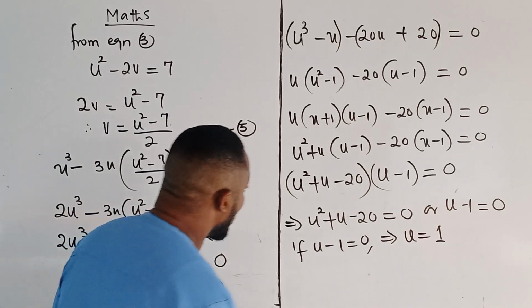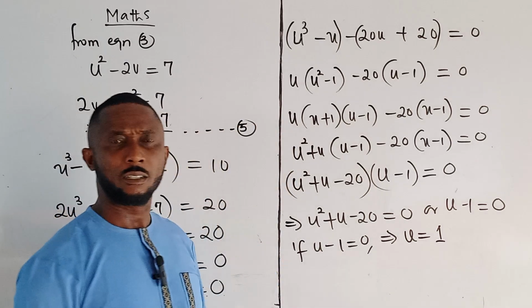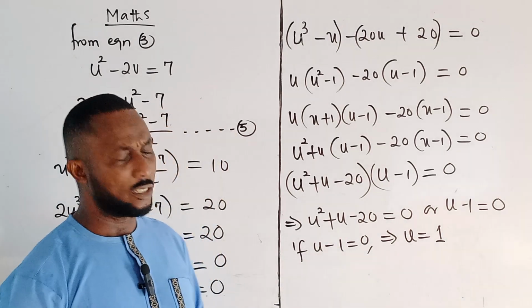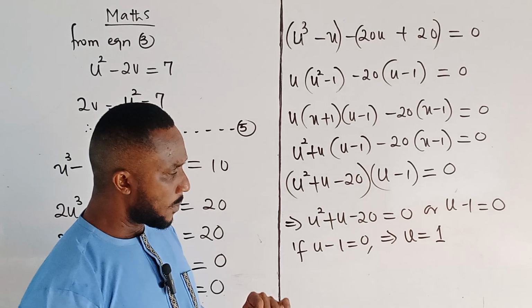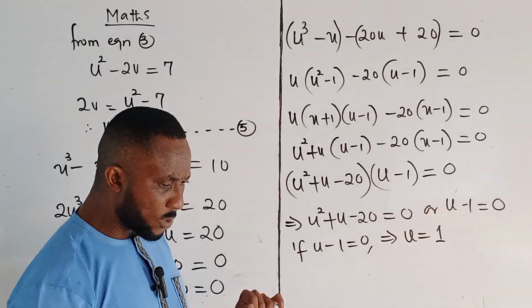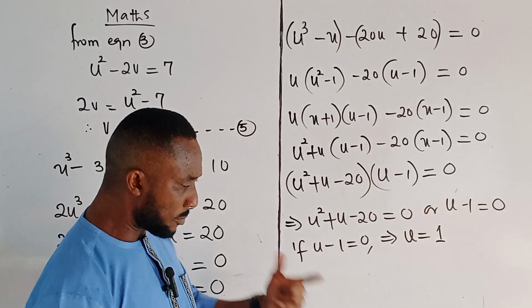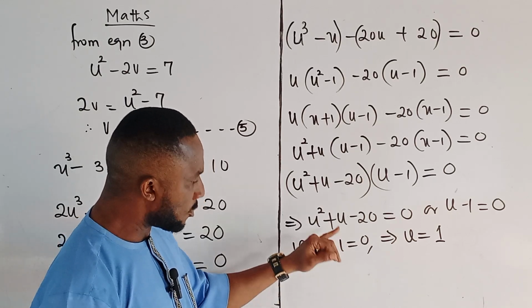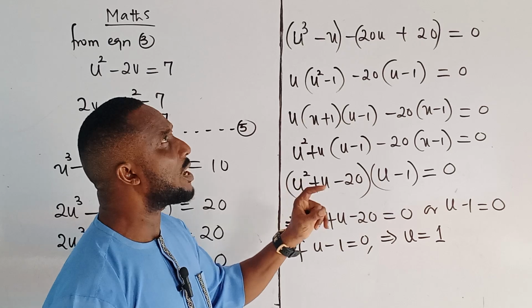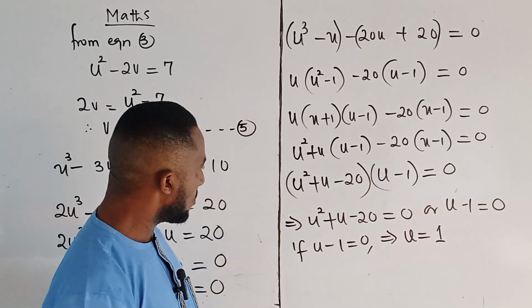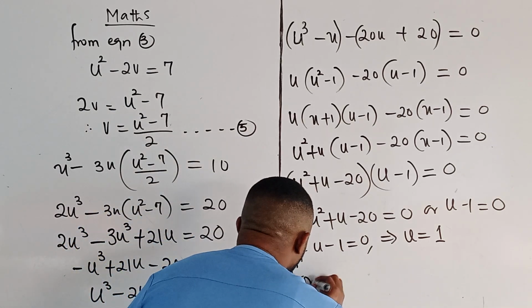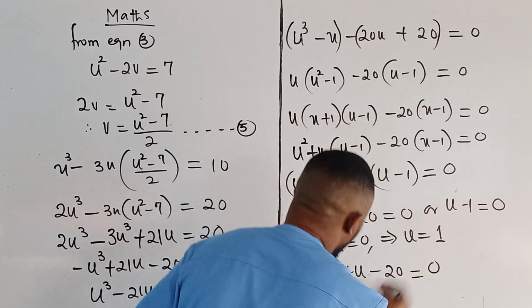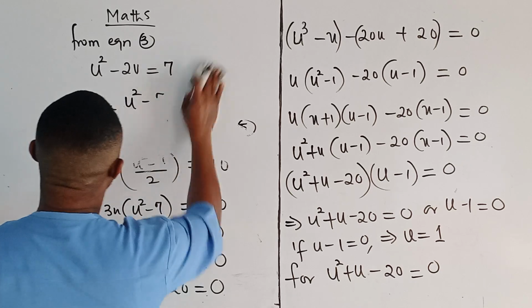Then our next concern is to factorize this big guy here, u squared plus u minus 20. Okay, two factors of 20 that can be added or subtracted to give 1. In this case, it's going to be subtraction. That will be 5 and 4. So we have to factorize that.